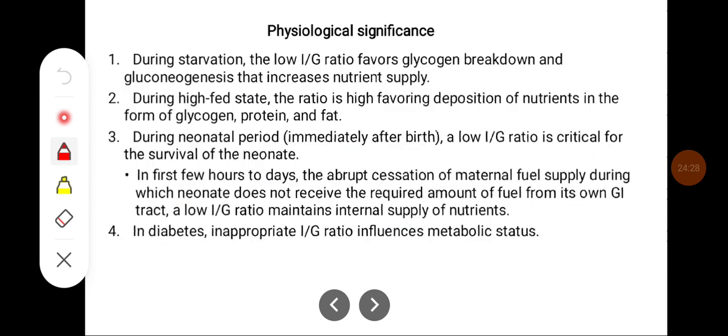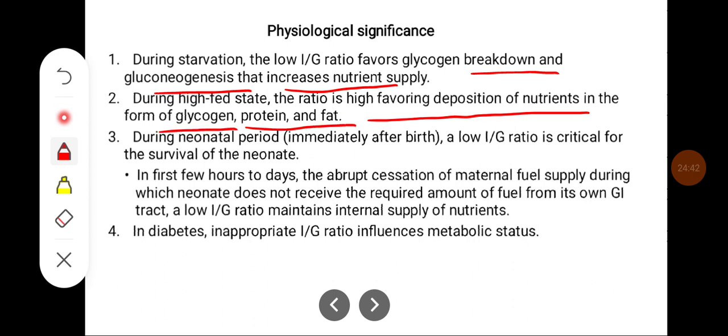During starvation, low I/G ratio favors glycogen breakdown and gluconeogenesis that increases the nutrient supply. During high fed state, the ratio is high, favoring deposition of nutrients in the form of glycogen, protein, and fat. During neonatal period, immediately after birth, a low I/G ratio is critical for the survival of the neonate.